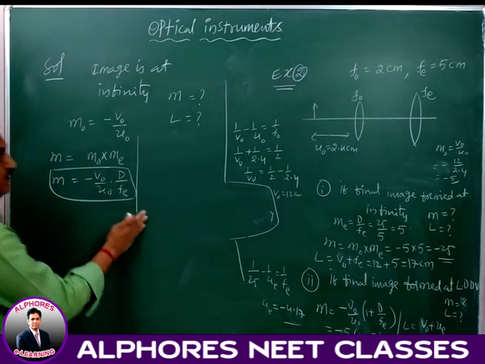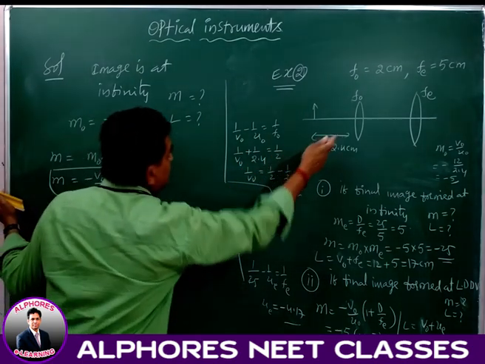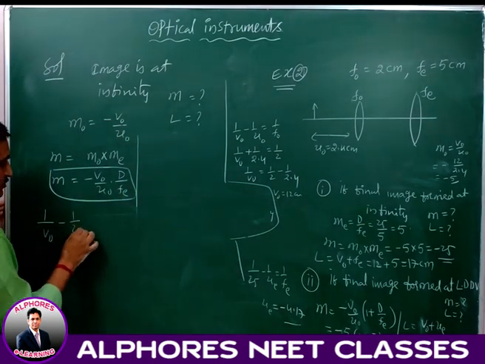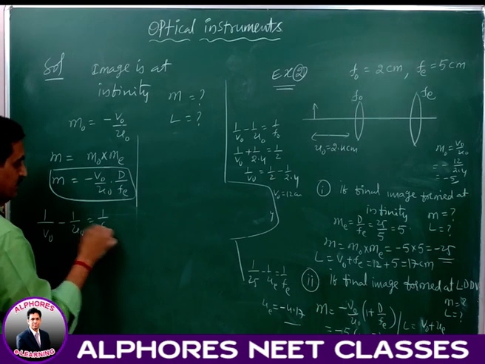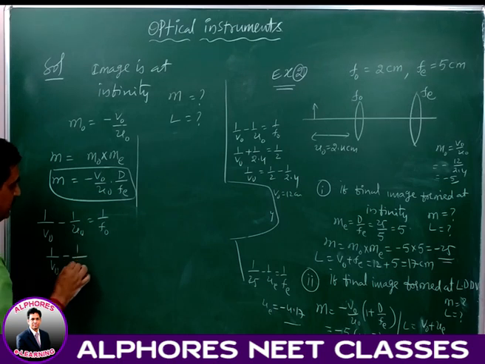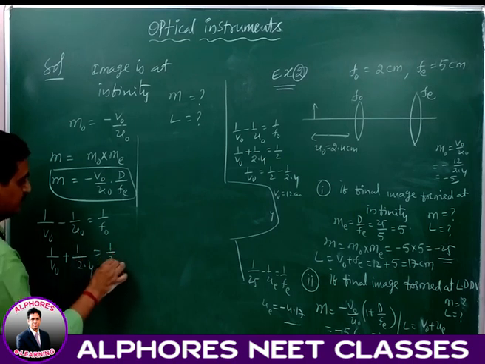So using the lens formula for this objective lens, 1 by v0 minus 1 by u0 is equal to 1 by f0. 1 by v0 minus, with sign convention, u0 is minus 2.4, so minus 1 by minus 2.4, minus of minus becomes plus, equal to 1 by 2.